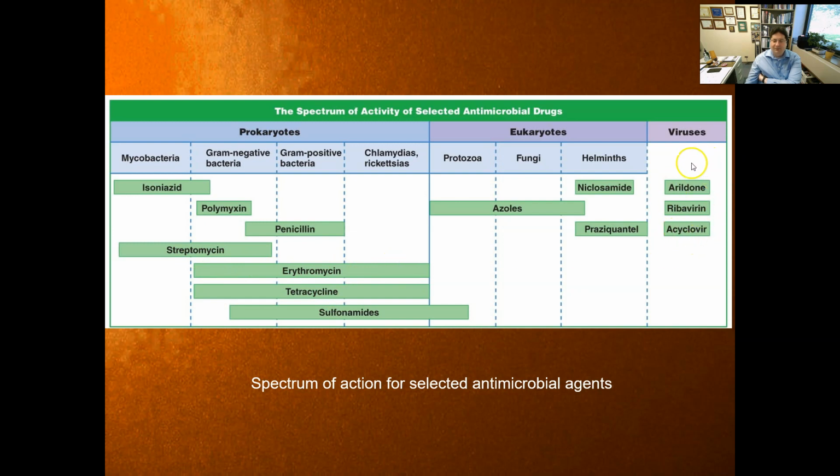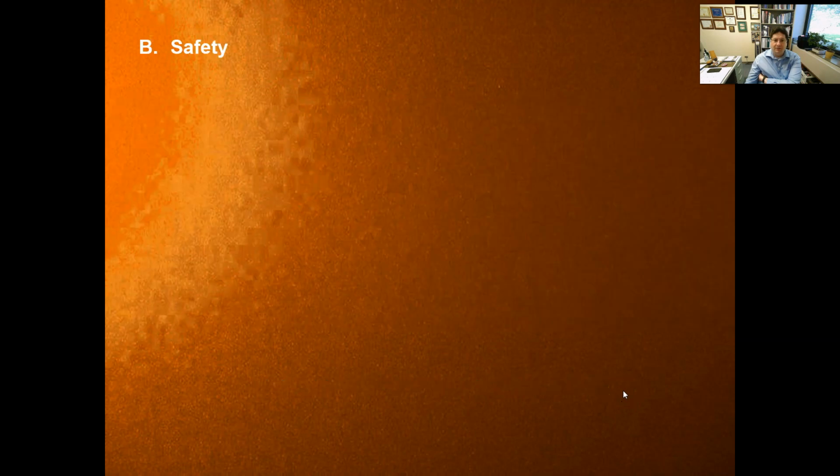Okay, and then your antivirals over here. Helminths are parasitic worms, and this is an antiprotozoan or antifungals. So some narrow spectrum, some broad spectrum. So the first thing we want to take into account for a clinical consideration is the spectrum of action.